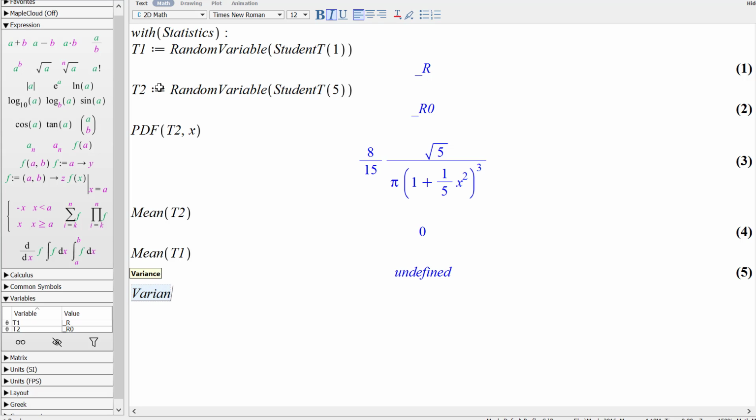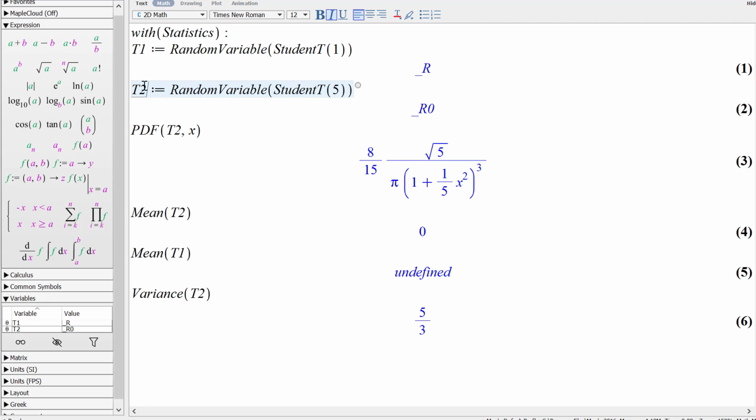The variance is defined for t3 and upwards. That is the t-distribution with at least 3 degrees of freedom. So for example, for T2, which has 5 degrees of freedom, it's 5 over 3.